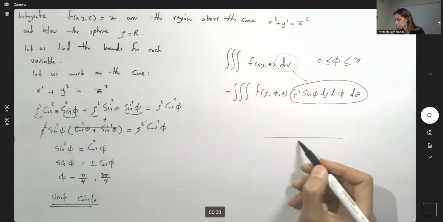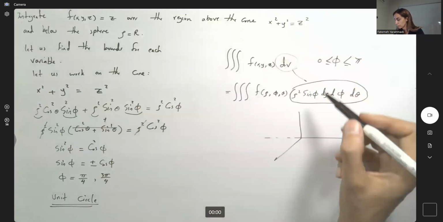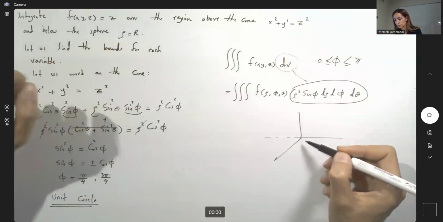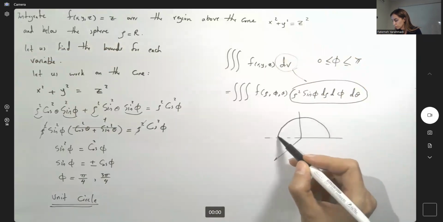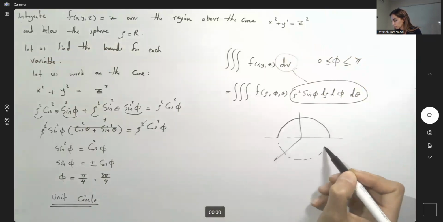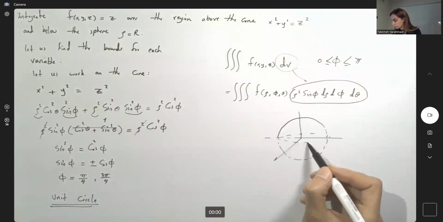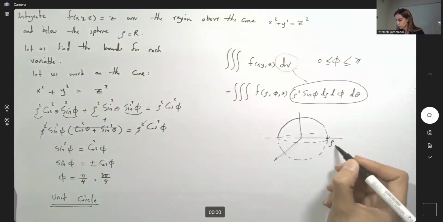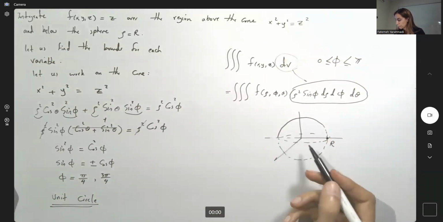If you check the graph, here you have a cone and you have a sphere, rho equals r. The sphere is a little bit easier to work with first. This is my sphere, and this is rho equals r, or let's just write down r in general.